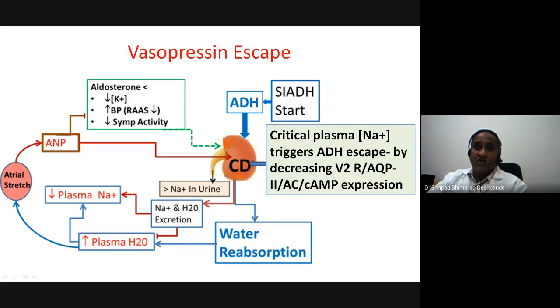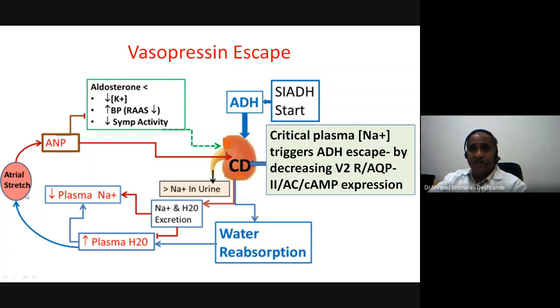Okay, so now consider one more point. What is happening here because of this plasma dilution and because of ANP? You see the aldosterone is not activated, because ANP suppresses the aldosterone secretion. Plasma potassium level falls, that will not activate the aldosterone secretion.